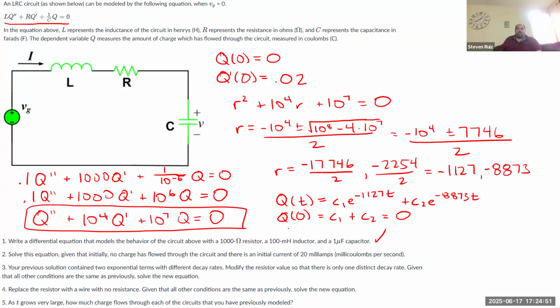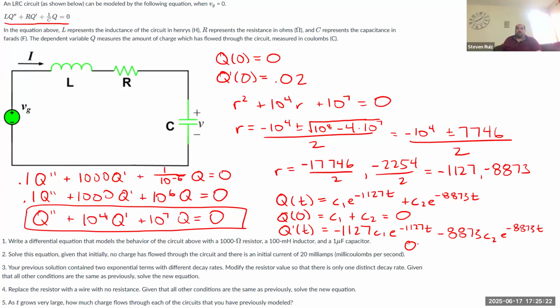Now, to use my other initial condition, I need to take a derivative with respect to t. That gives me negative 1127 C1 e to the negative 1127t minus 8873 C2 e to the negative 8873t.